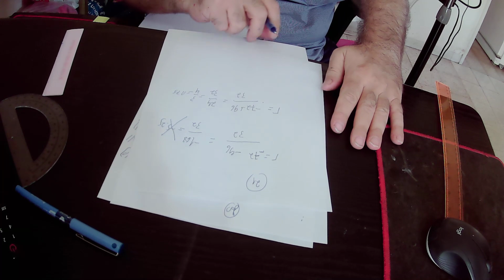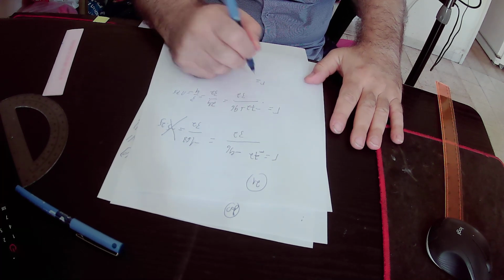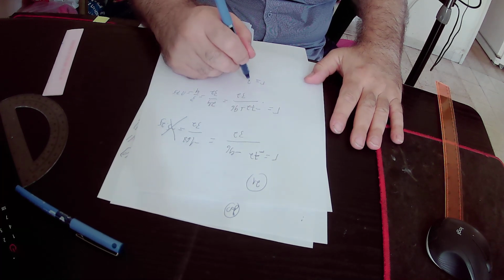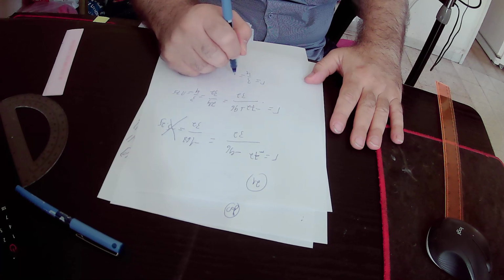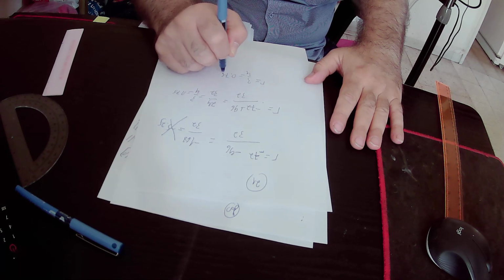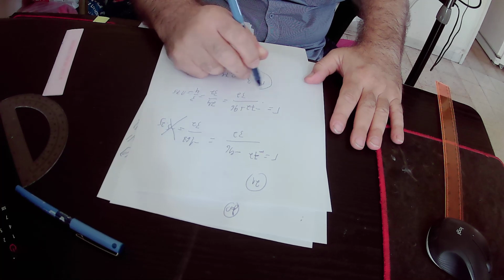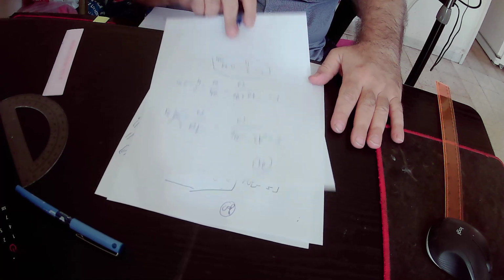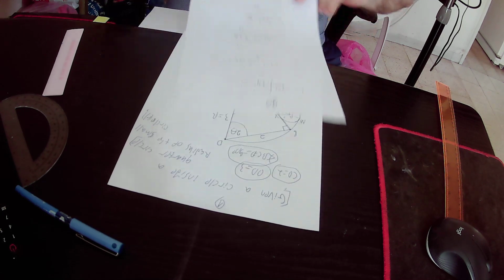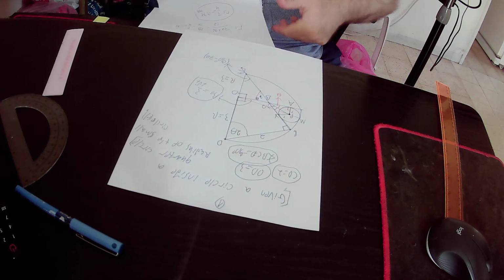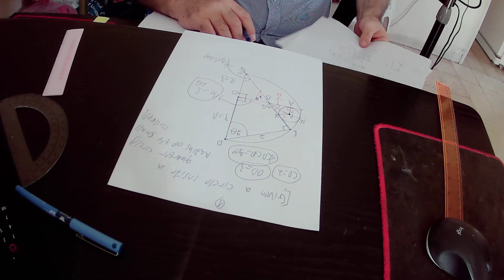So we found out that the radius of the small circle equals 3 over 4 units or 0.75 units. Okay, again the radius of this small circle equals 3 over 4 units or 0.75 units.